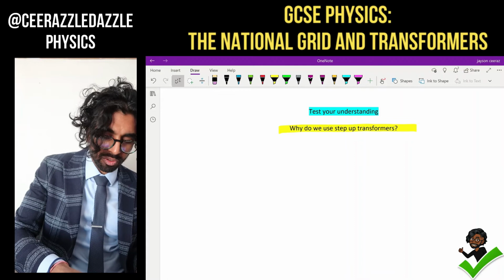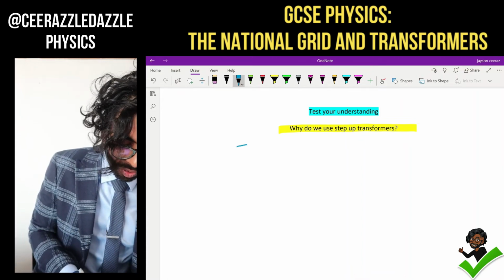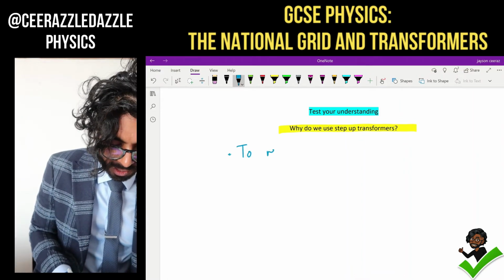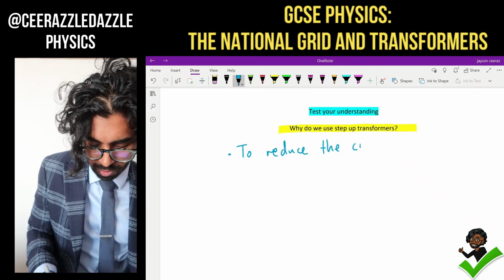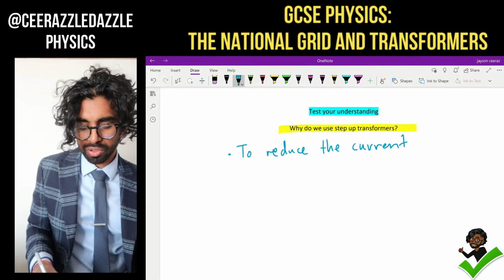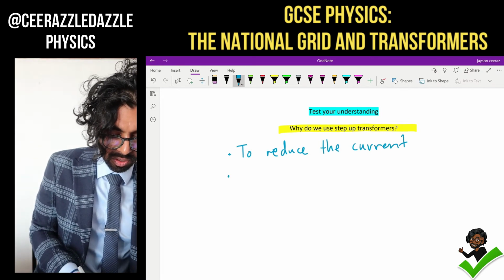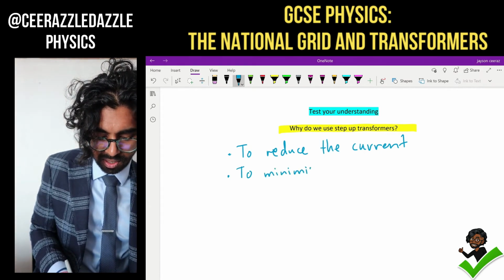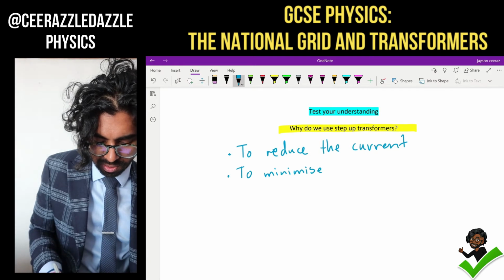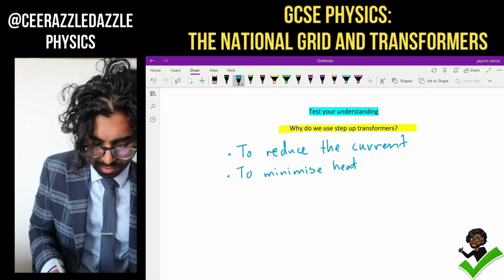So we use step-up transformers to reduce the current, and the reason why is to minimize heat loss.